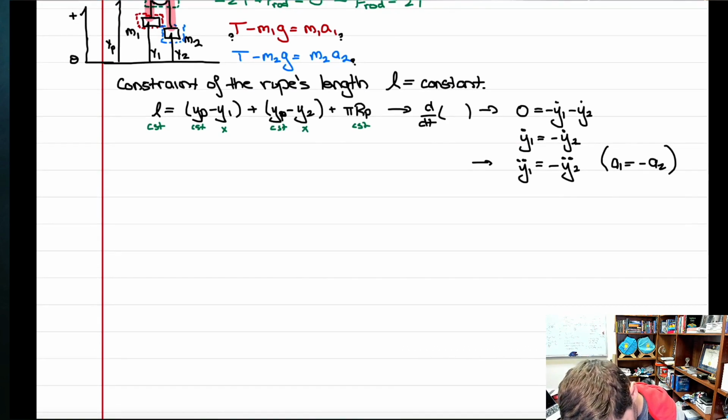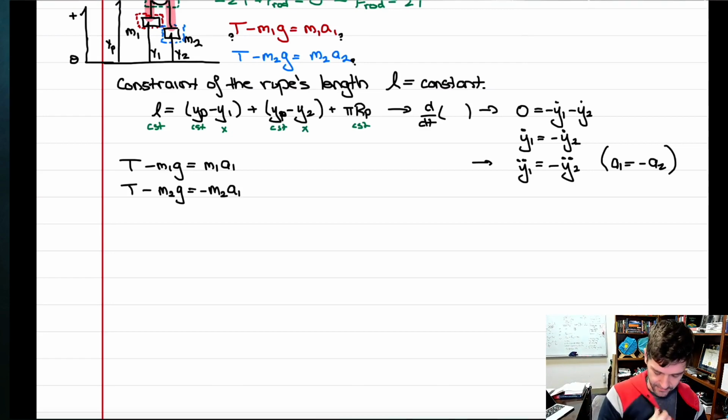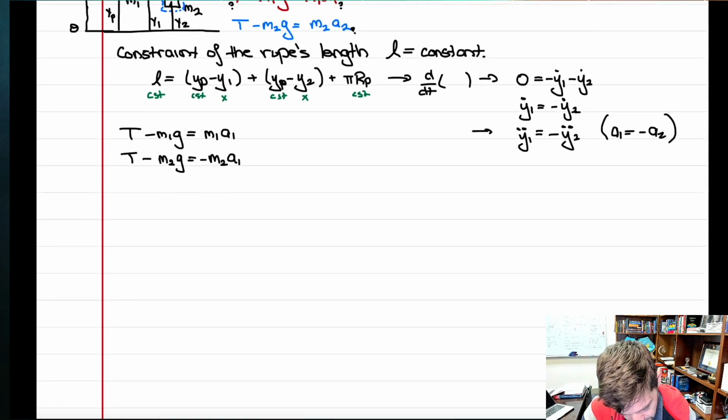I might write this first as t minus m1g equals m1 a1. Then also I have t minus m2g equals, and I'll write as negative m2 a1. I'll factor in that geometric thing right away. Now I have 2 equations with 2 unknowns. There's a t in both, and it's positive for both, so I might do equation 1, and then subtract equation 2 from equation 1.